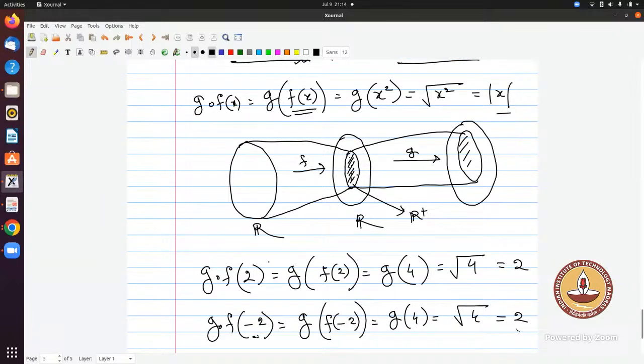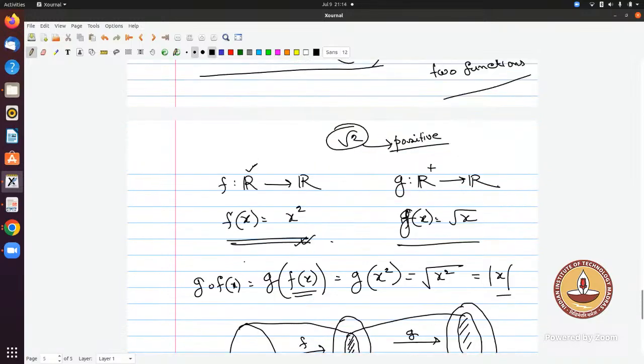Sir, why are you not taking the negative root? When I am writing root, is this positive or negative? It can be both, right? No, it is positive. For negative root 2, there is a notation like this. This is the negative root 2.